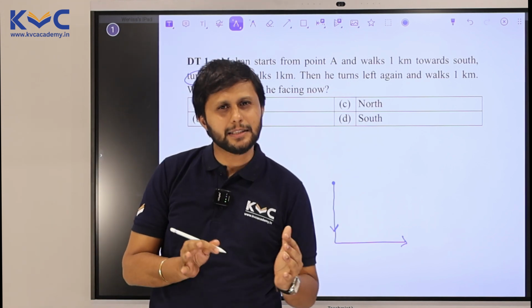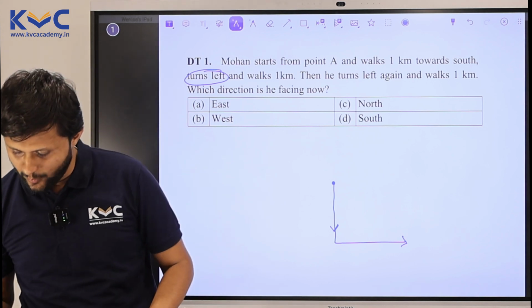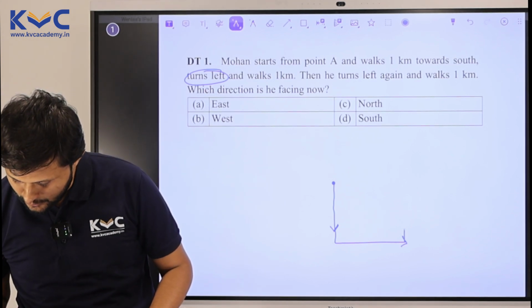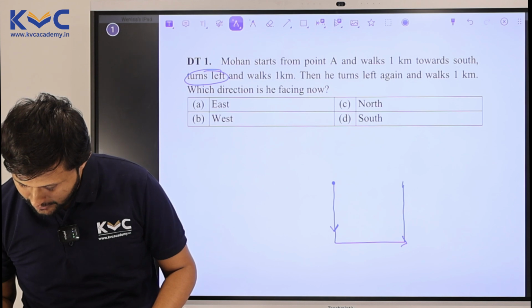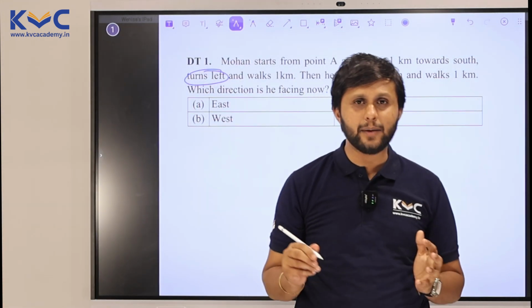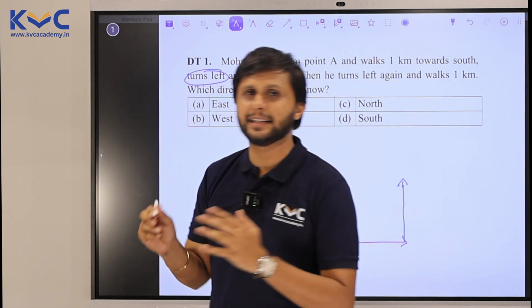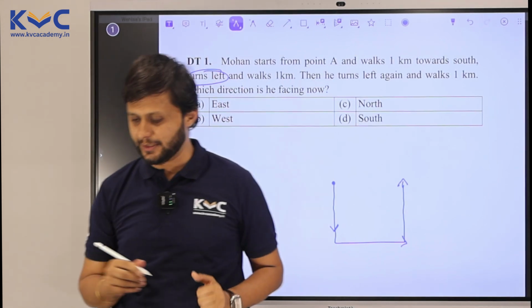Now, after he has turned and walked 1 kilometer, again he turns to his left and walks 1 kilometer. So he has again walked. Correct? So first he walked to his south and then he went to his left side. After walking to his left side, again he turned left and then he walked 1 kilometer further.